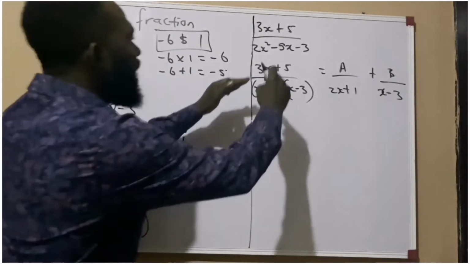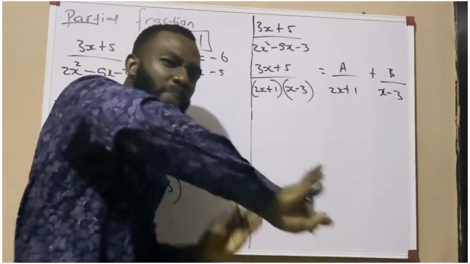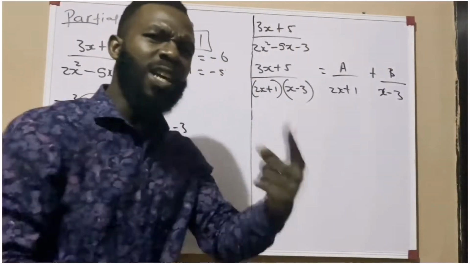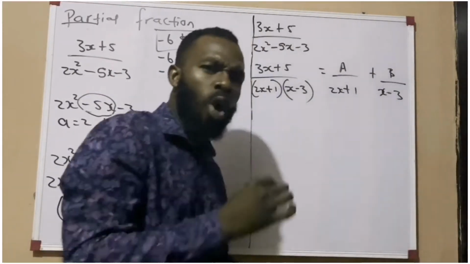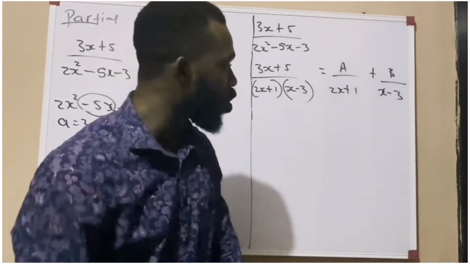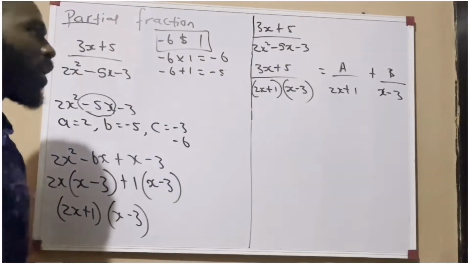This is a rational expression, and this too is the partial fractions. You can see they are in parts. But this partial fraction is not complete because A and B are values, not variables. So right now, we are going to solve for the value of A and the value of B.